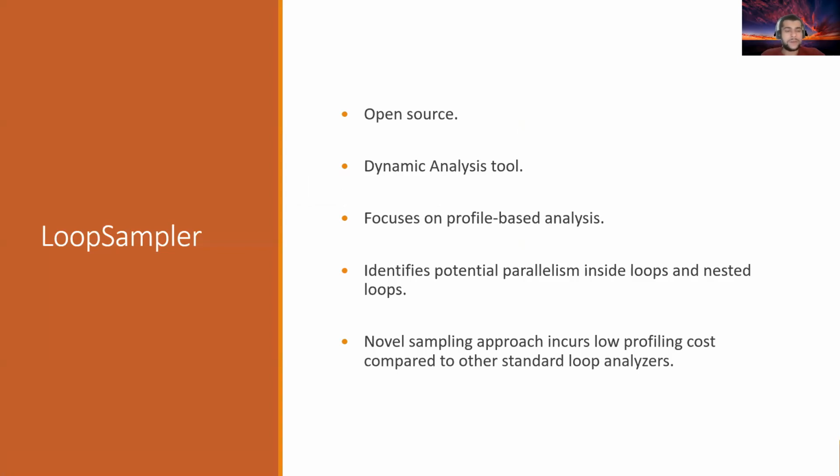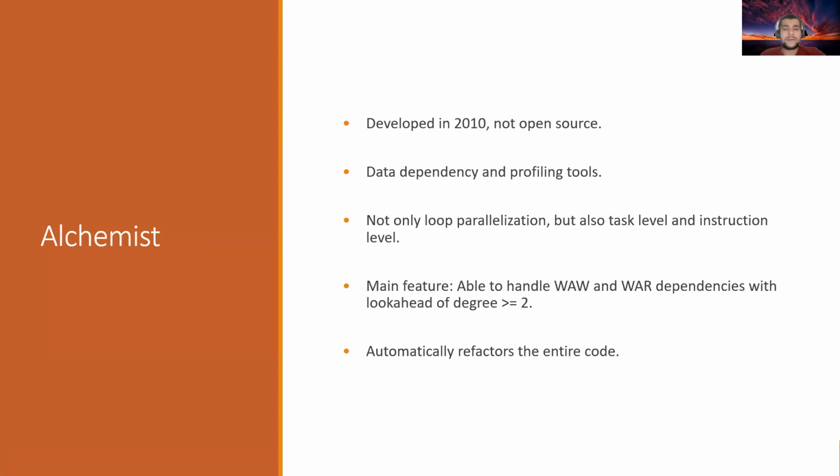So this is a really nice tool used these days. Then Alchemist, this is not open source, this is paid, and it was developed in 2010. This is a dependency and profiling tool. Again, dynamic analysis profiling tools are the go-to tools for a lot of developers. They give the best results basically.